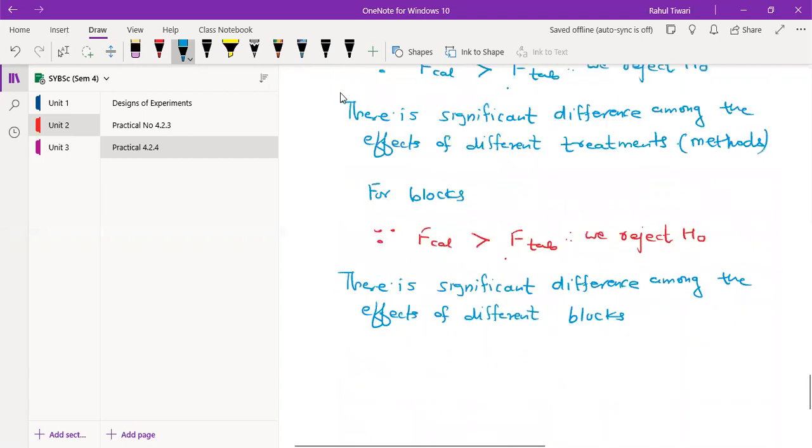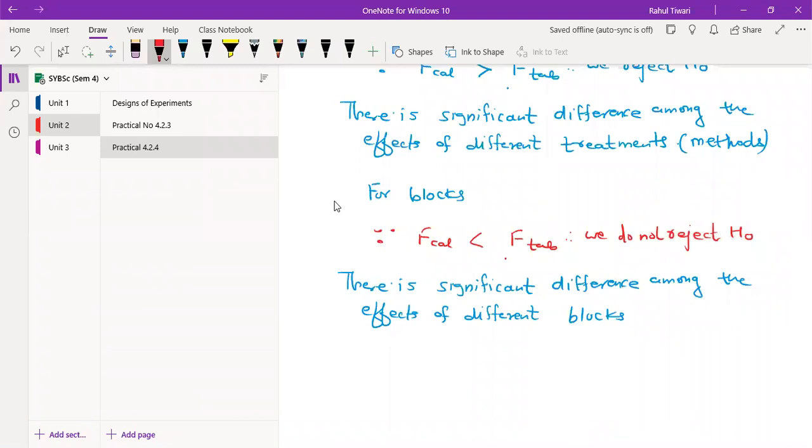But here in this case it is reversed, because F cal is less than F tab. So we do not reject H0.